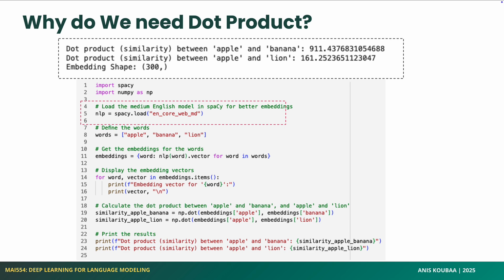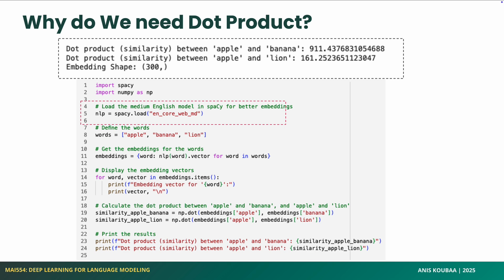On this example, now we've taken the core web MD, it's medium. The previous one was large. Now this is the medium one. And I make the dot product between apple and banana and apple and lion. And look here. This gives 911 and this gives 161.